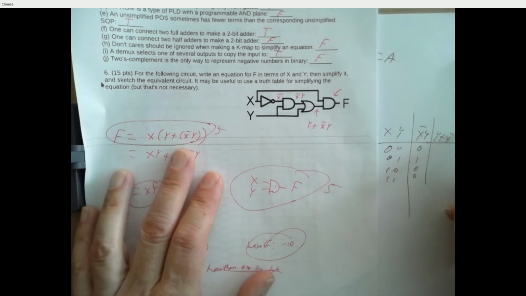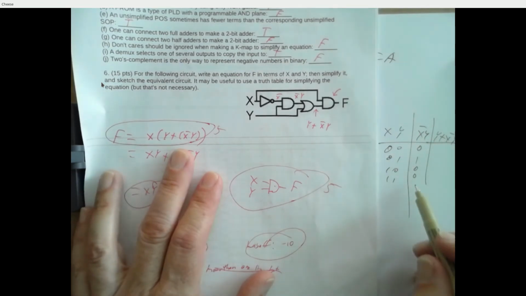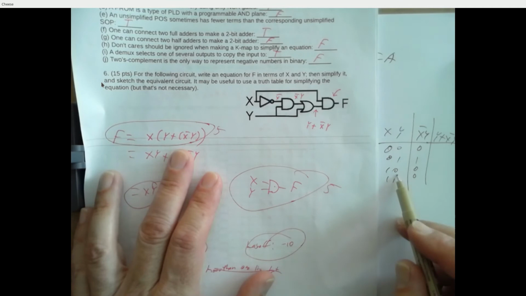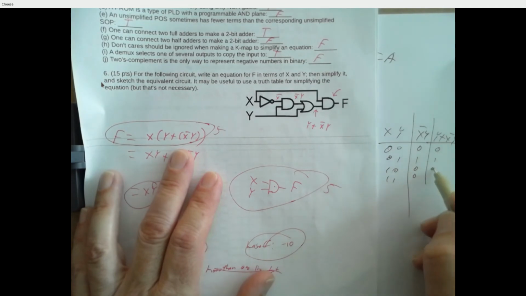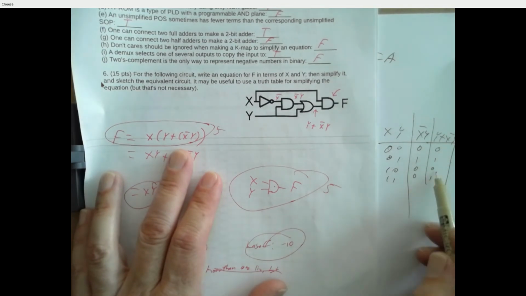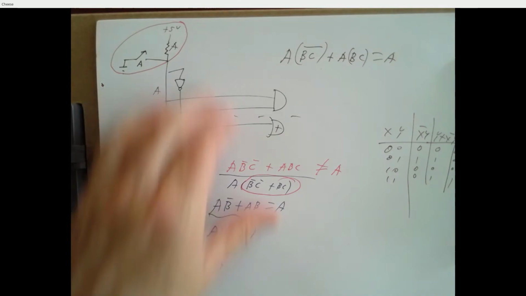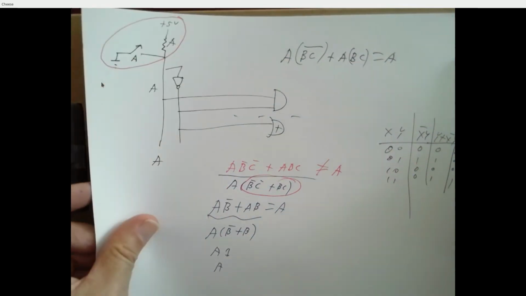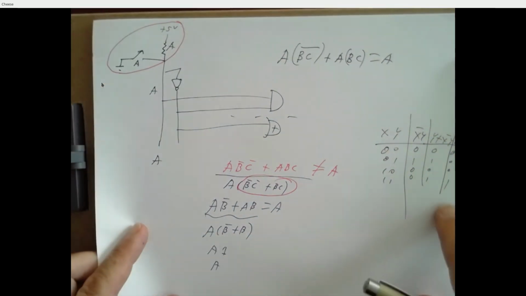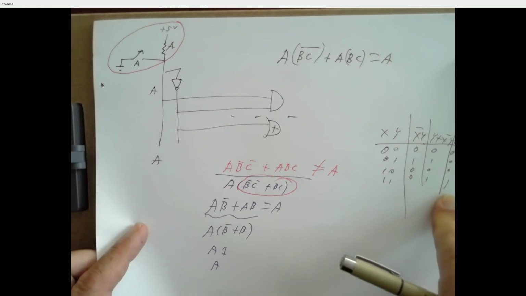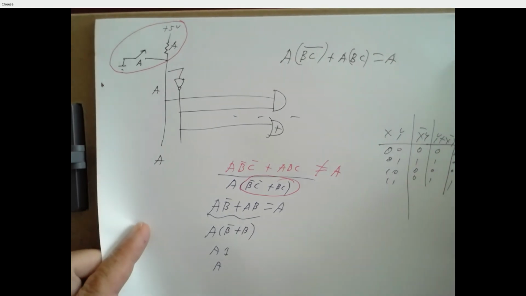And y or x bar y would be true when this column's true or y is true. So that looks like 0, 1, 0, 1. And then if you AND that with x, you want to know when this column's a 1 and this column's a 1. And that's going to give you this truth table. And if you look at that, you may say, hey, that's just an AND gate. So that's one way to simplify it.